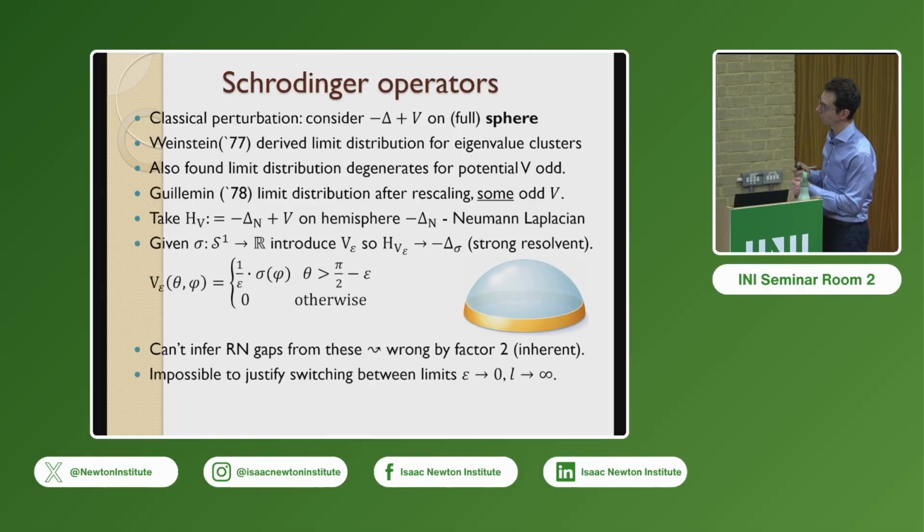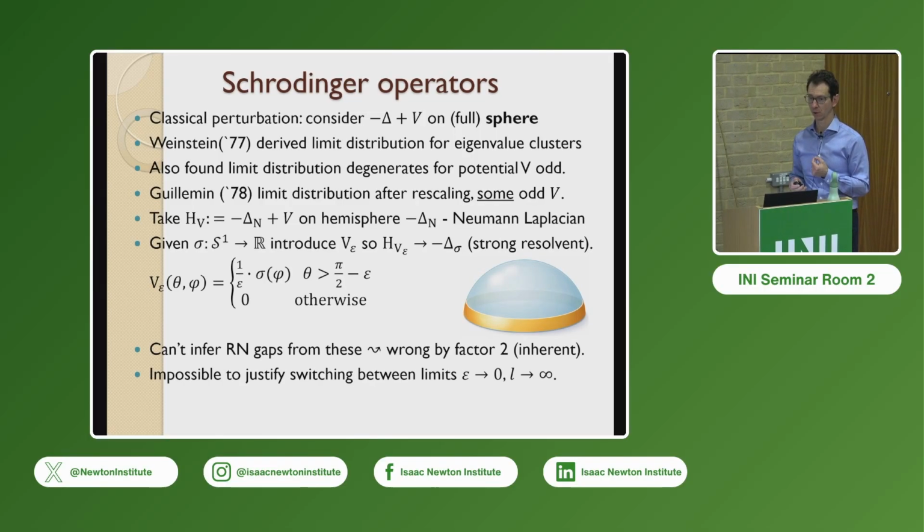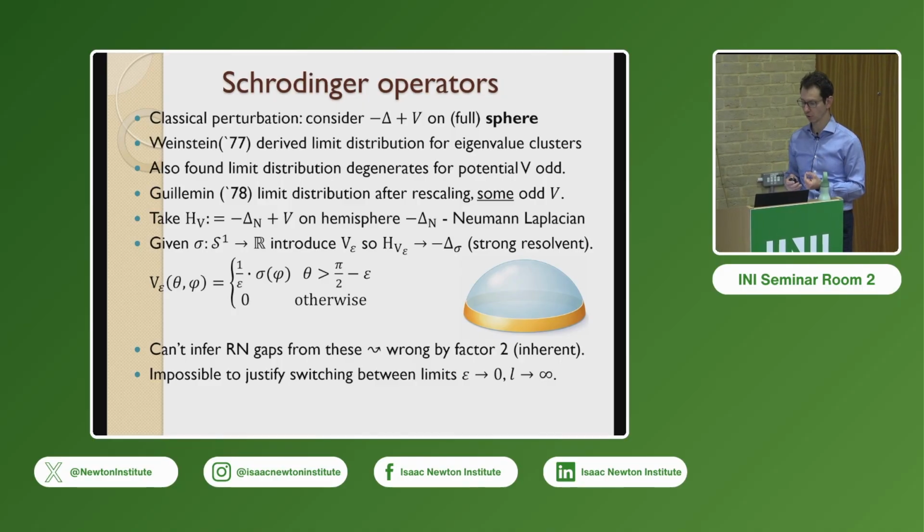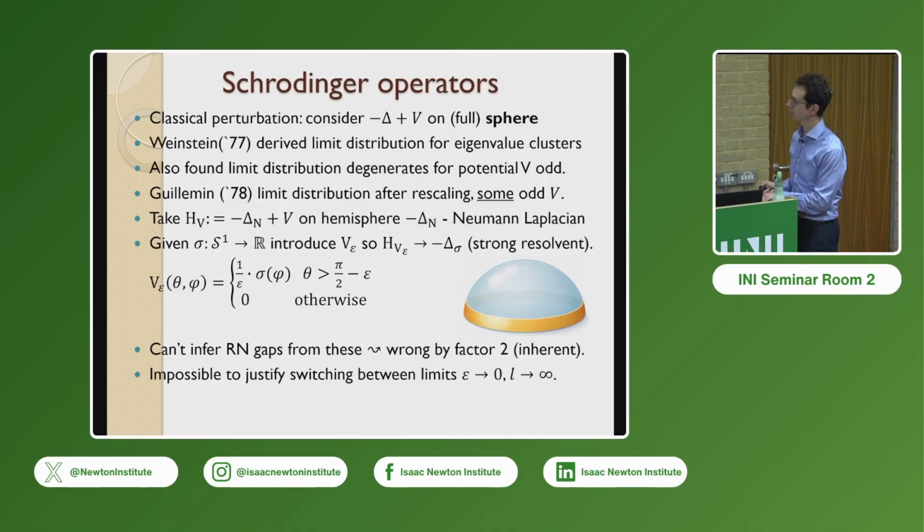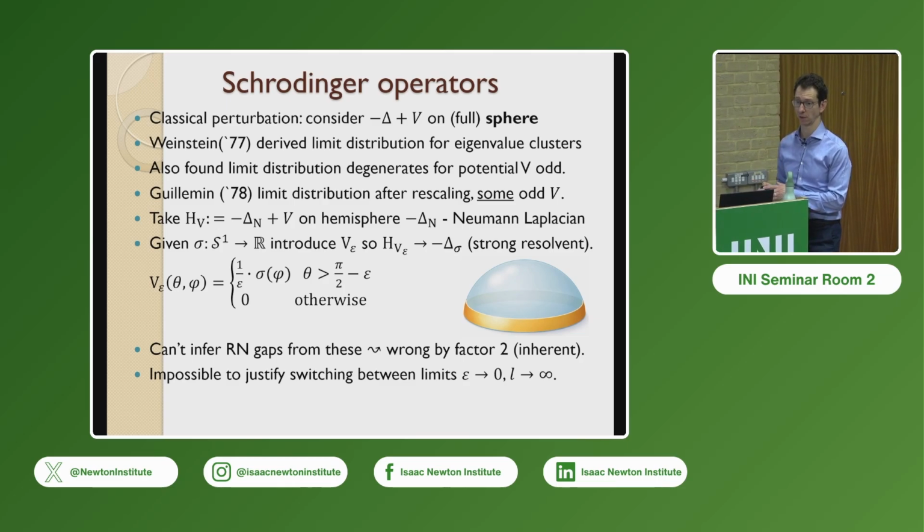So one way to create the Robin boundary condition seemingly is by taking a potential which is supported on some strip around the equator, which is going to simulate the Robin conditions. But it turned out that whatever the limit distribution we get from there is wrong. So there is a factor of 2 somewhere.